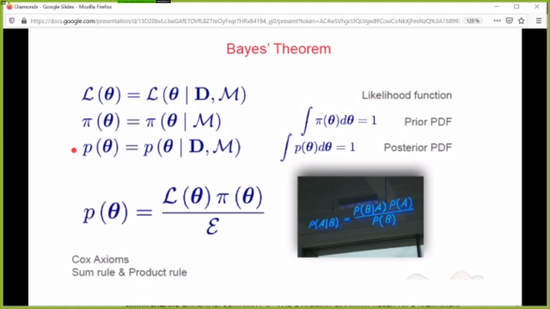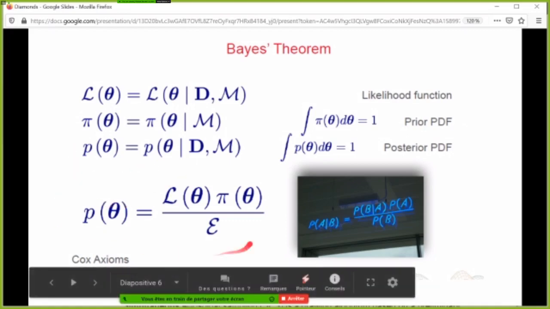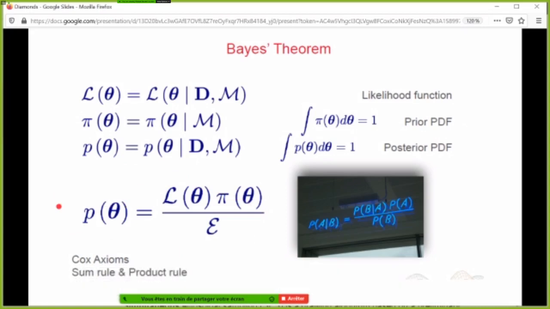In our case, we don't use this form but the form on the left. I'm going to explain it because it's important for the rest of the talk. One of the main concepts here is the likelihood function.